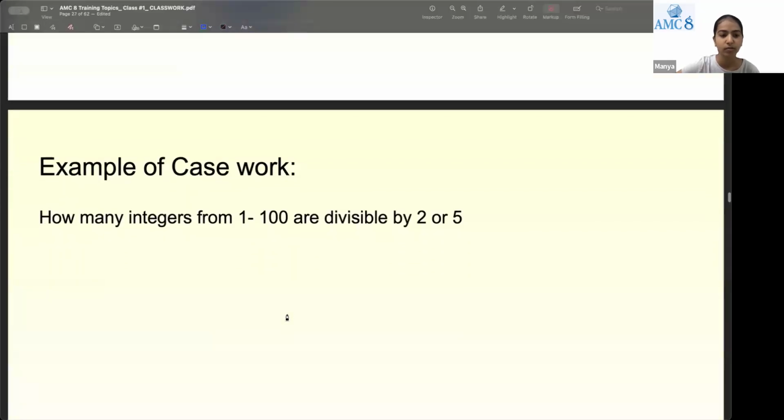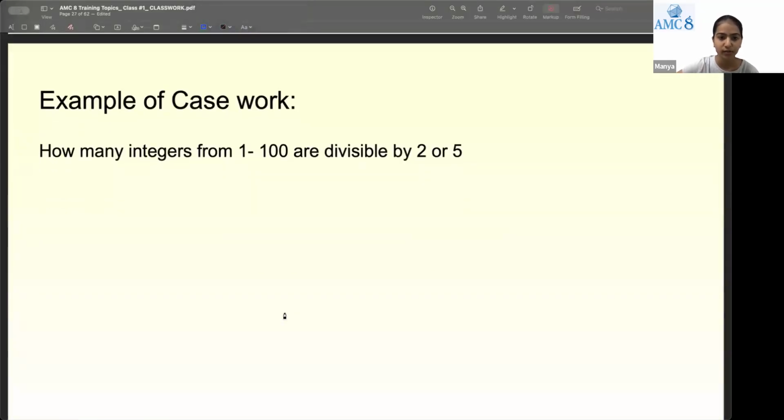Another example of casework is how many integers from 1 to 100 are divisible by 2 or 5? If a number has to be divisible by 2, it must be an even number. And if it has to be divisible by 5, it must end in a 0 or a 5.